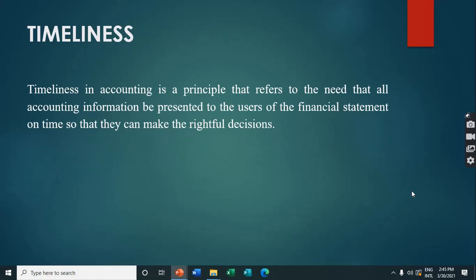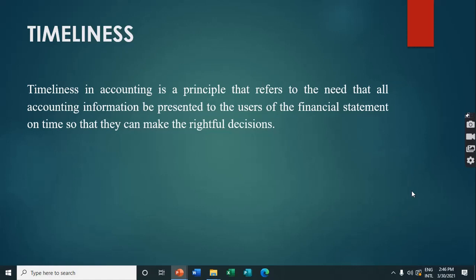Now, let's go to the timeliness. Ayan. Timeliness in accounting is a principle that refers to the need that all accounting information be presented to the users of the financial statement on time so that they can make the rightful decisions. So, kapag timeliness, dapat quick tayo kung kailan nangyari yung transaction.